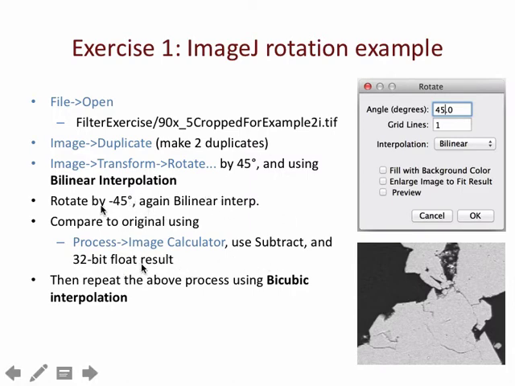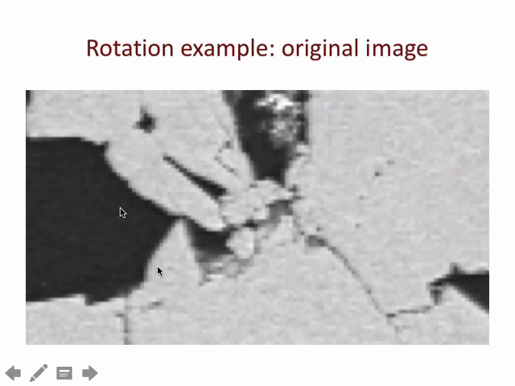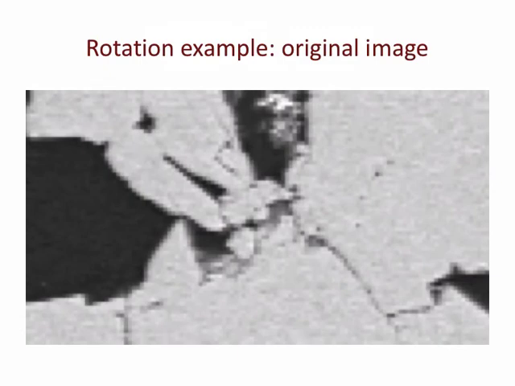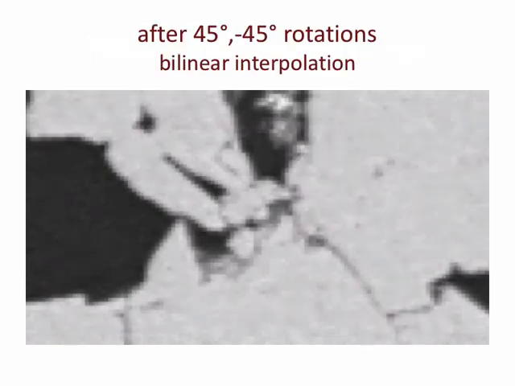Now, you want to rotate by 45 degrees and then rotate back. So this is the original image. And then rotate back by minus 45 degrees, right? And you will see some information loss. So there's this, and there's this, then you rotate it back.